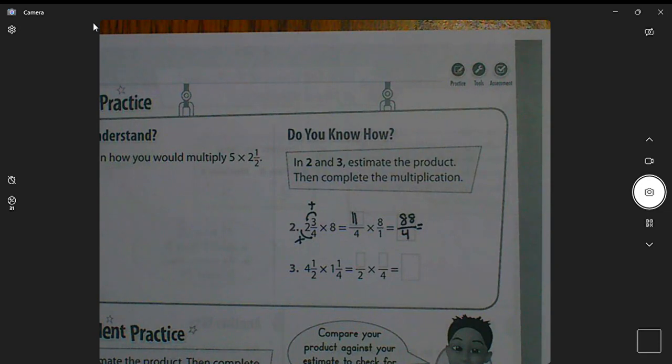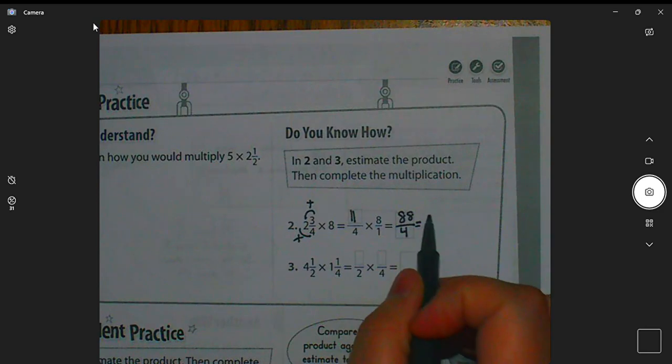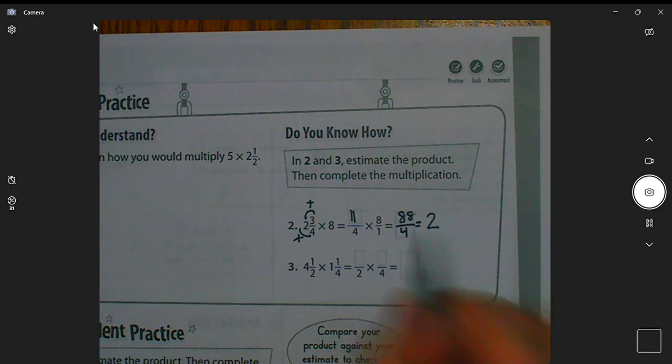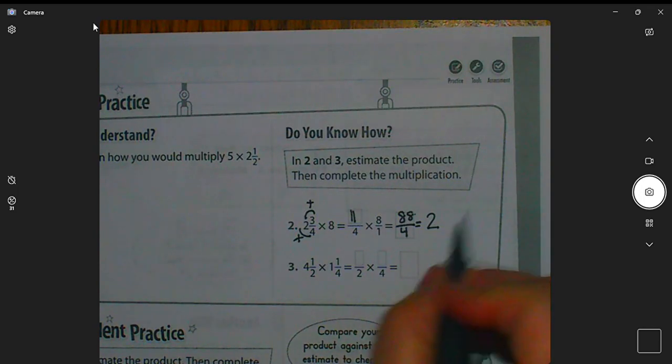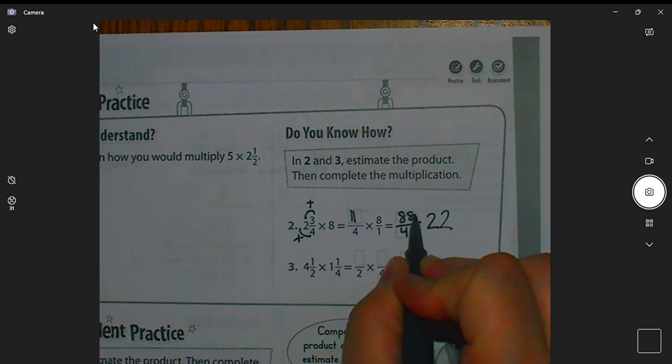So, if I know 8 divided by 4 is 2, it's 2. You're right. Because 8 divided by 4 is 2.